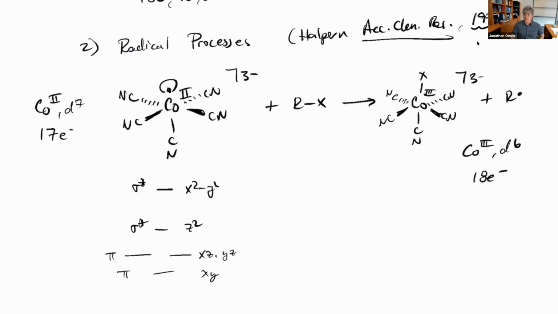Cyanides are pi acceptors. So let's put in our electrons. Cyanide's a strong field ligand, so this guy's going to be low spin. So you can see you've got 1 electron in that z squared orbital. The z squared orbital occupies the space above that square plane, right where I've drawn that lobe with the dot in it. So this free radical has all of its unpaired spin in the empty space there.